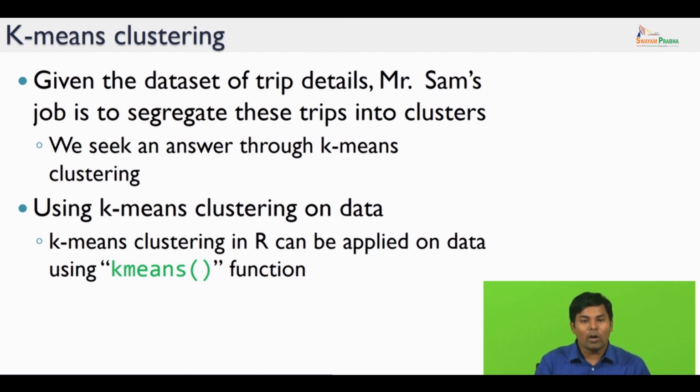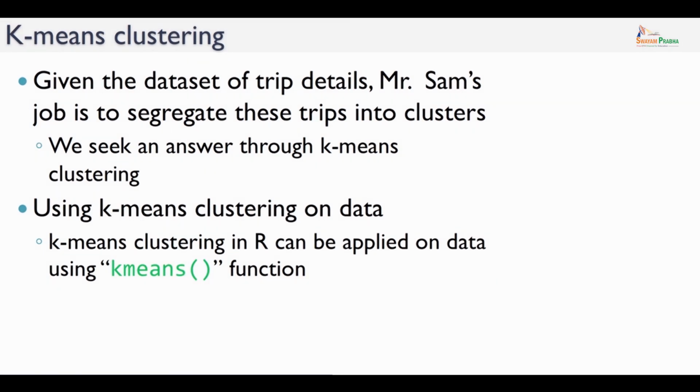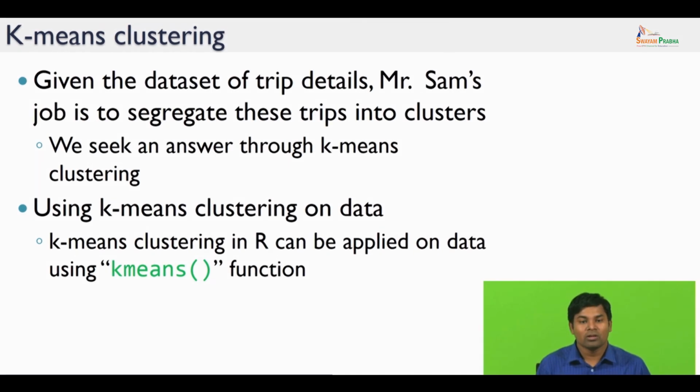This means the data we have is unlabeled data, and when one wants to learn from unlabeled data, one has to go for unsupervised learning techniques. K-means is one such unsupervised learning technique, and k-means clustering in R can be implemented by using the kmeans function. Let us look at what the kmeans function takes as input arguments and what it returns.